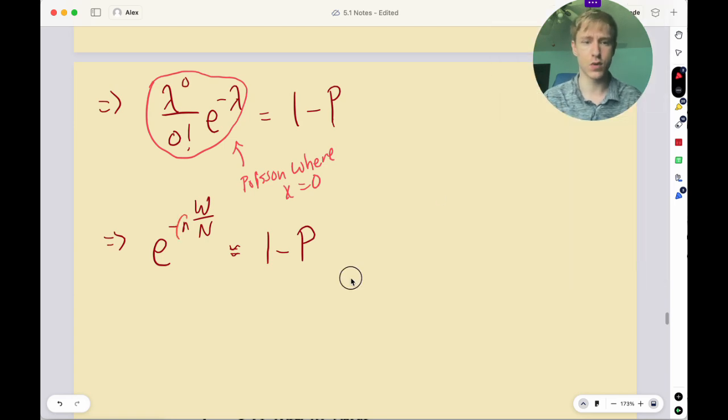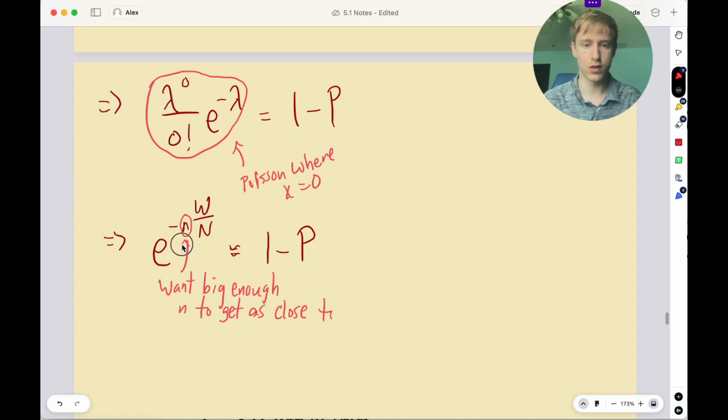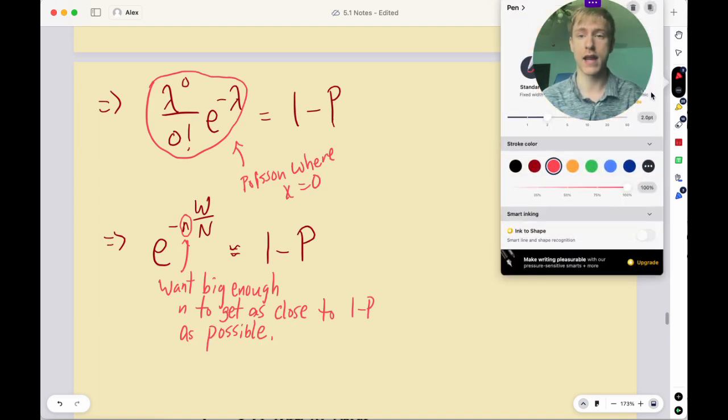So we want big enough n to get as close to 1 minus P as possible. Usually, you can use natural logs and solve for the exact value of n and then just round. In fact, let's do that right now.